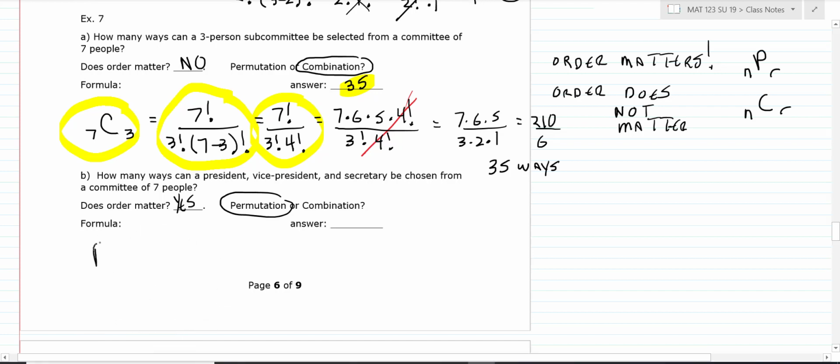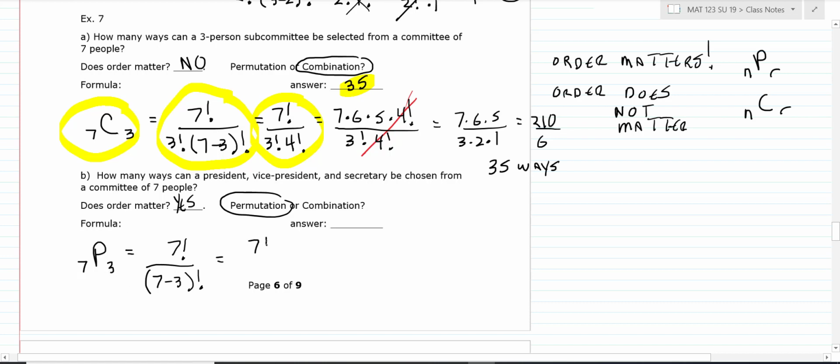So we would do a permutation of 7 objects, taking 3 at a time. The permutation formula goes: you take that number factorial divided by the difference, 7 minus 3 factorial. You don't put in the divide by 3 factorial like you do in a combination.